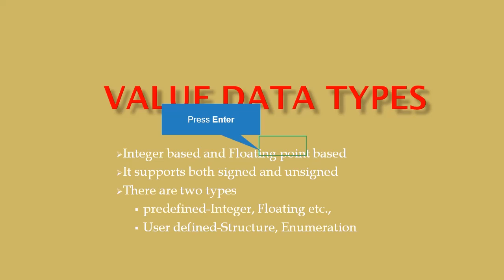Floating point based data types are float and double. And then C# introduces another data type called decimal. Value data types support both signed and unsigned in integral based data types. And as I already told, there are predefined and user defined data types. So these are the examples.